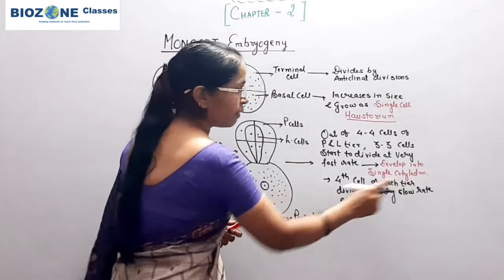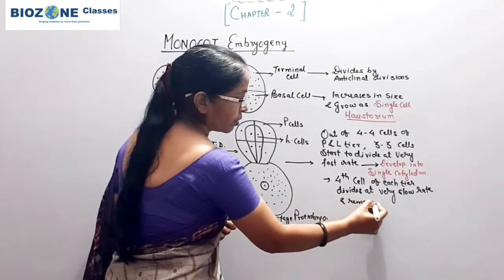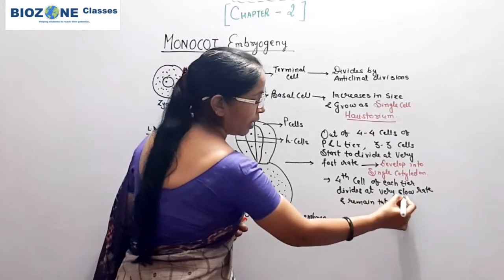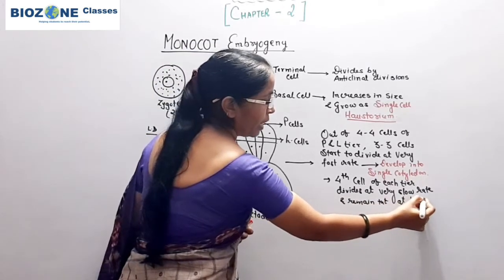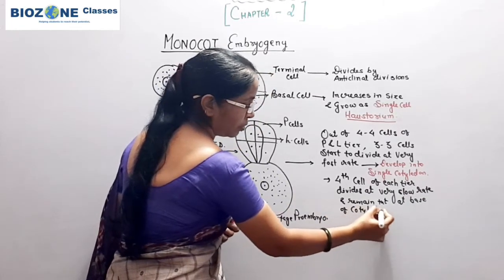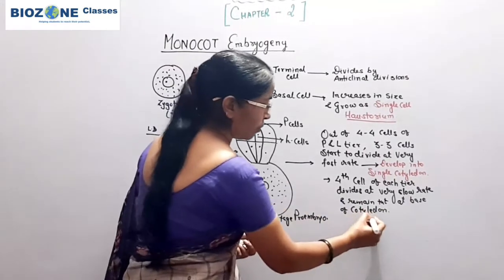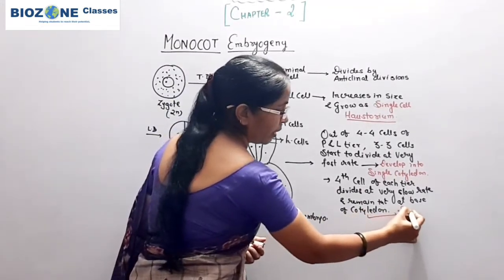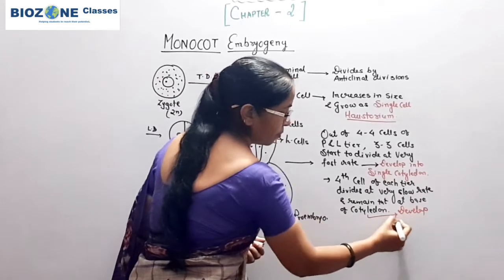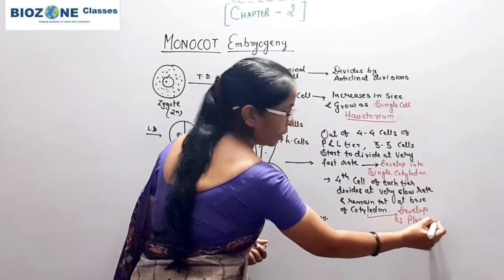So they divide at a very slow rate and remain present at the base of the cotyledon, and this base of the cotyledon develops as the plumule.